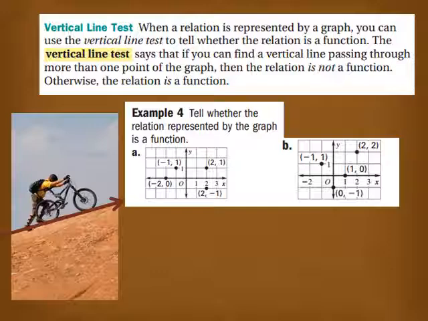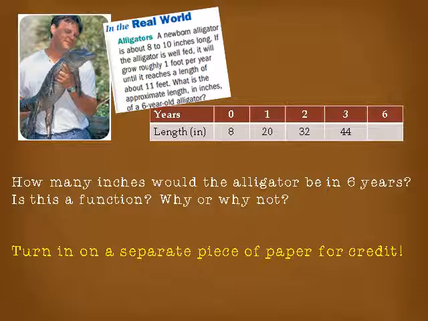If I drop a vertical line here, it only goes through 1 point. If I look at the y-axis, which is a vertical line, again, 1 point. If I look here, 1 point. Again, here, just 1 point. So again, I've checked, nothing is going to go through more than 1 time. So this is a function.